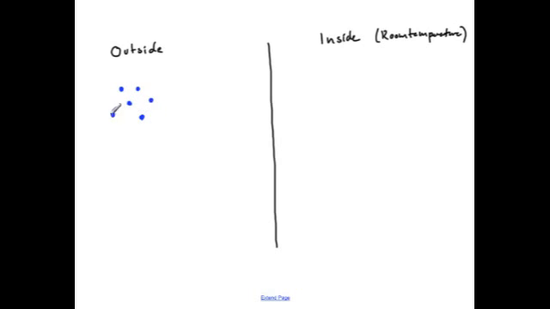You can see there's a cold gas outside, cold air particles, so they are stuck roughly together. I think we're aiming for 25, 26 particles.